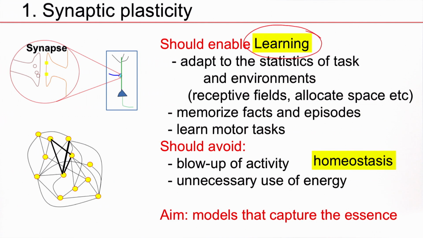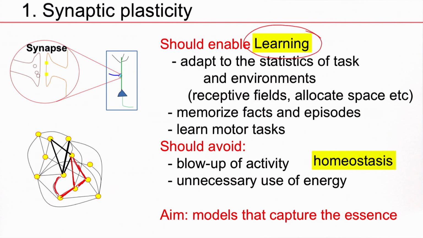Now, at the same time, imagine now that a synapse got stronger. So the way I draw this here and later is that I draw a stronger weight, a stronger link for a stronger synapse. Now imagine some synapses got stronger, then it's easier for the activity of the brain to circulate between these neurons. And now this could happen that other synapses also get stronger, and yet other synapses get stronger, so that the whole brain blows up in activity, and this would end up in an epileptic state, a high activity state that has no functional meaning.